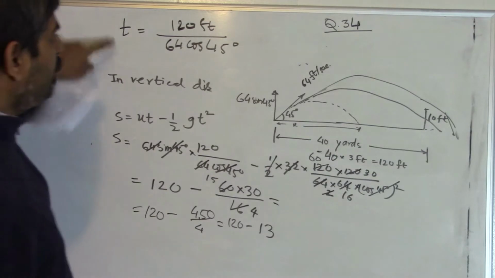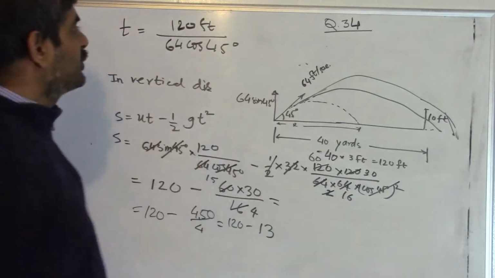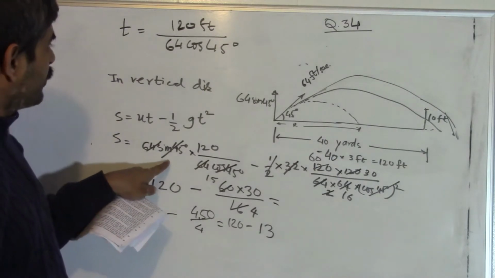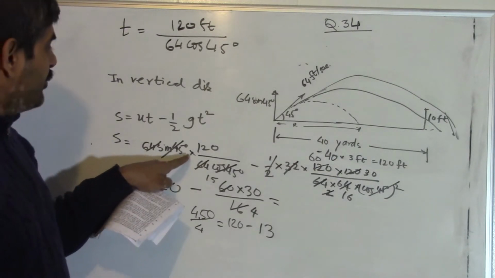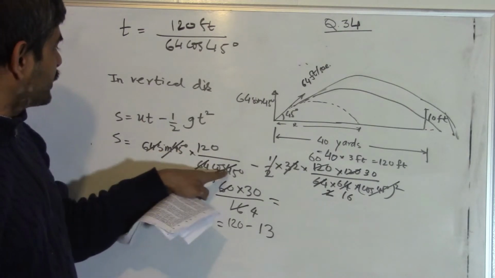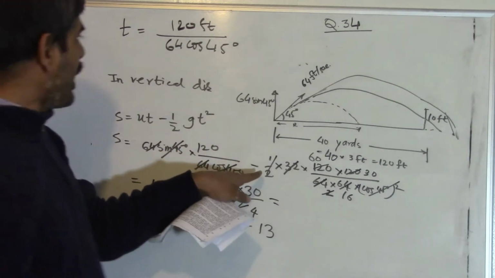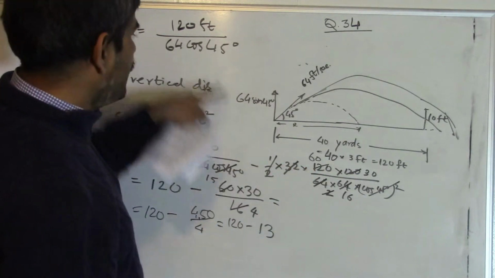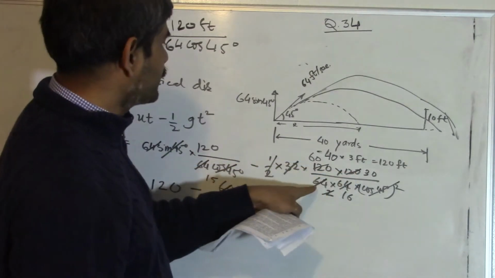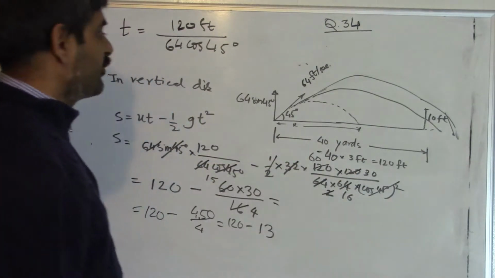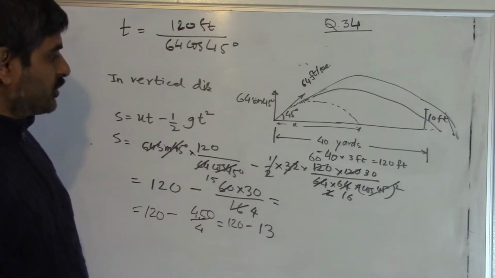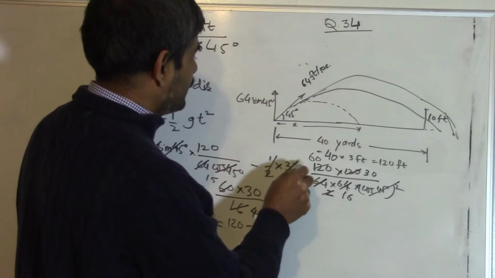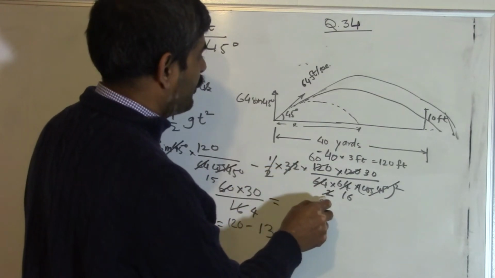T is equal to 120 divided by 64 cos theta. This is good. UT is 64 sine 45 multiplied by T, 120 divided by 64 cos 45. This is good. Half gt square, and time is 120 into 120 divided by 64 into 64 cosine 45 degree whole square. These things look good. So cos 45 degree, this cancels. 32 into 2 is 64.